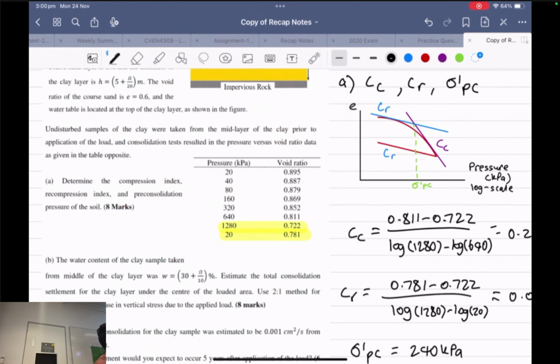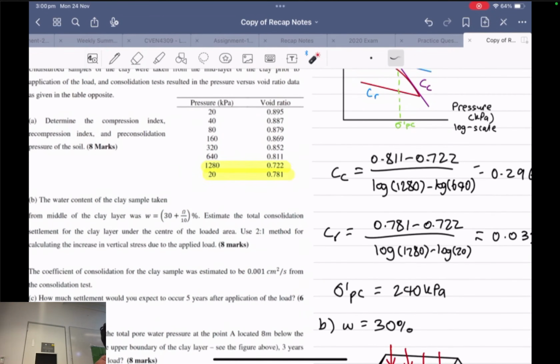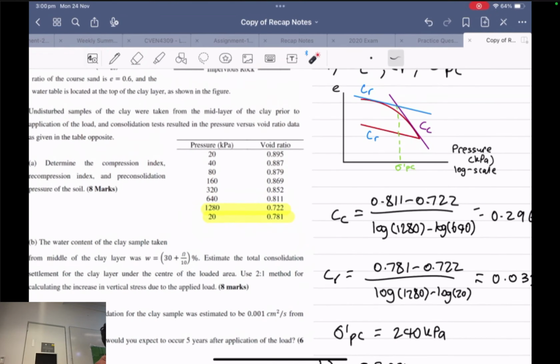So here I just used one of the workshops that had similar values, and they took sigma dash PC to be 240. So I just took that, but it kind of makes sense as well because sigma dash PC happens here, which is the point of the most curvature, and that's right before CC. If you take the average of the 2 points right before the CC points, that's 160 and 320. The average of those is 240 as well. So it makes sense in that aspect.